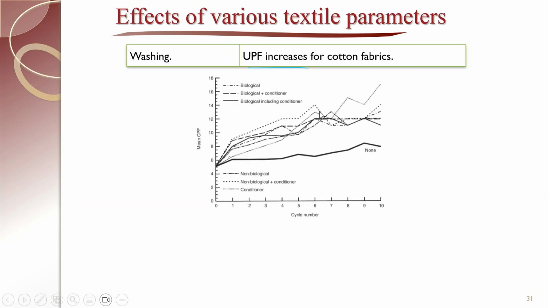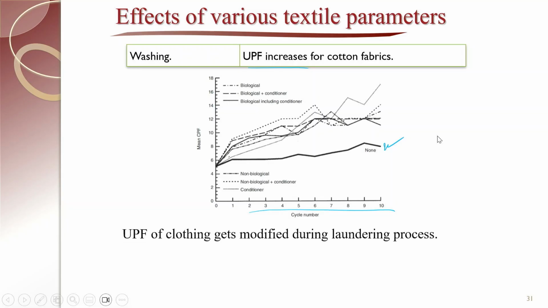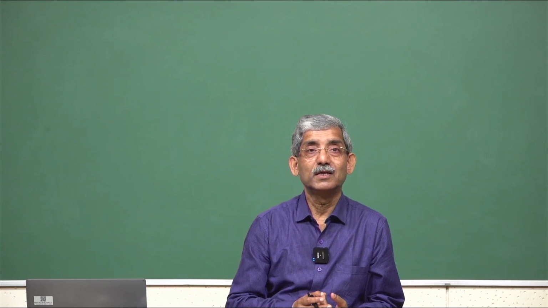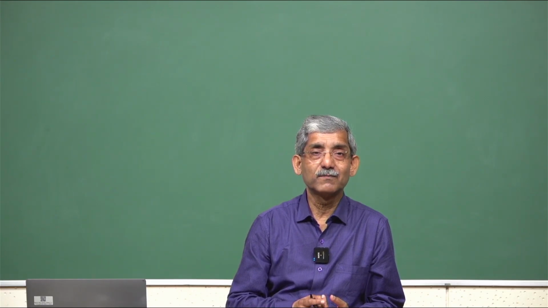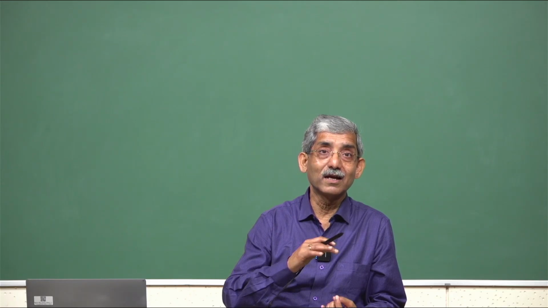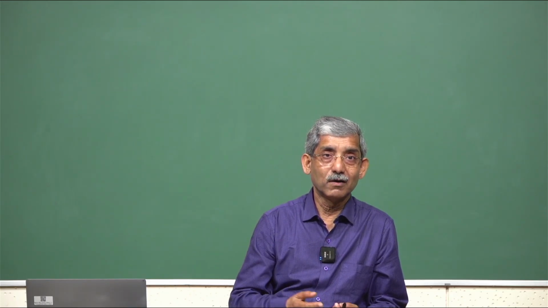Now, you can see here the number of cycles, it is increasing, but it is mainly due to the shrinkage of cotton fabric, and the fabric becomes more compact. So, the UPF of clothing gets modified during the laundering process. Basically, if we use some UV protective finishes, they get removed if not proper.